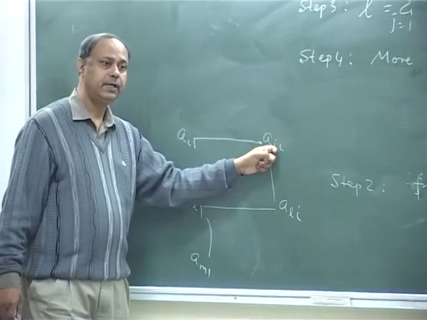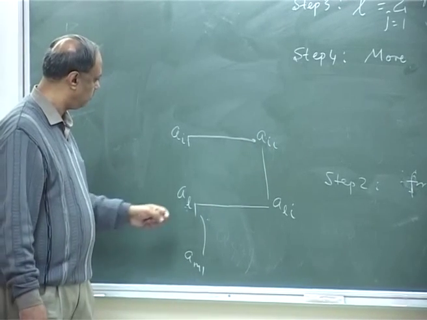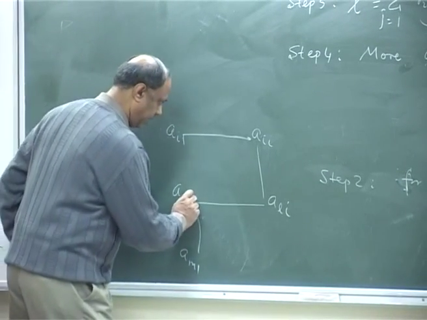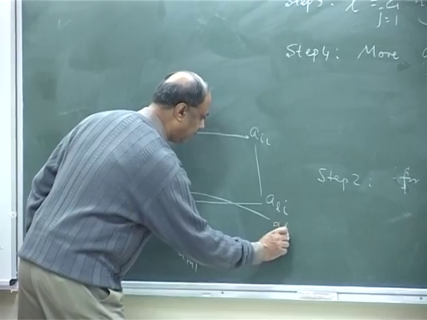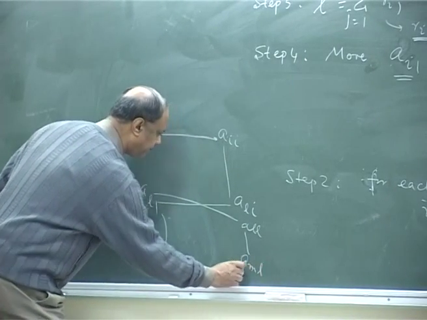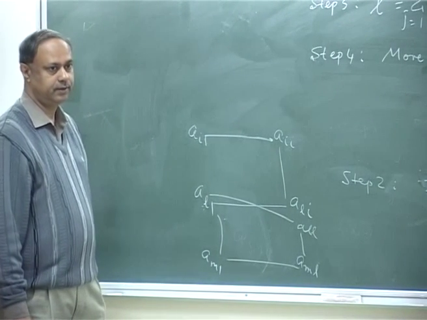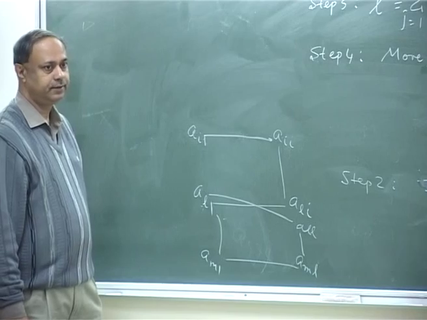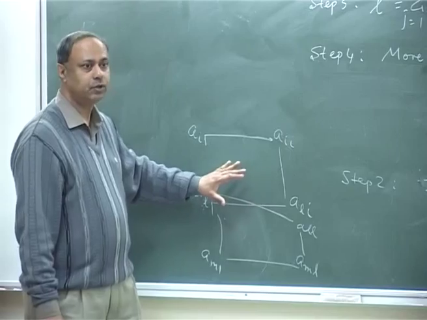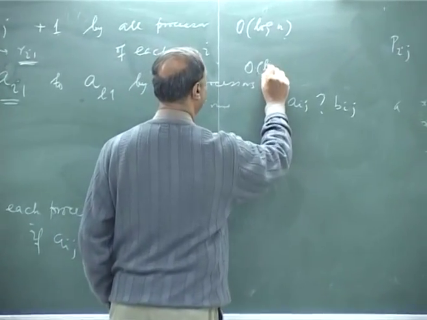So this moves to AII. But the value that was already in L, even that has to be moved somewhere else. Yes, that will go to this. So this will move to ALL, then AML, then AM1. Right? So this takes order log n time.